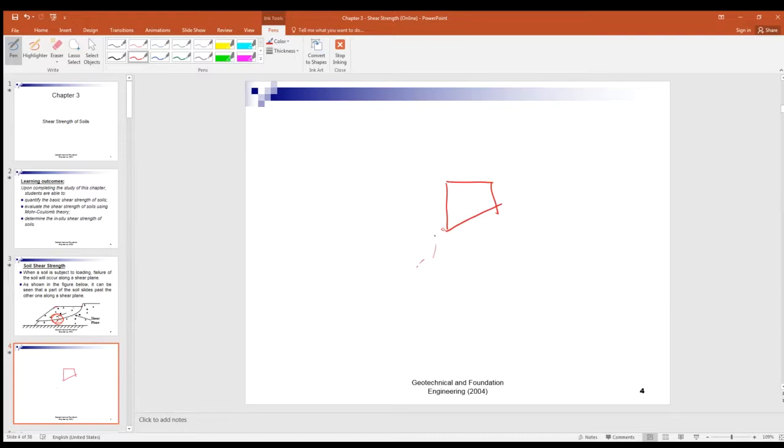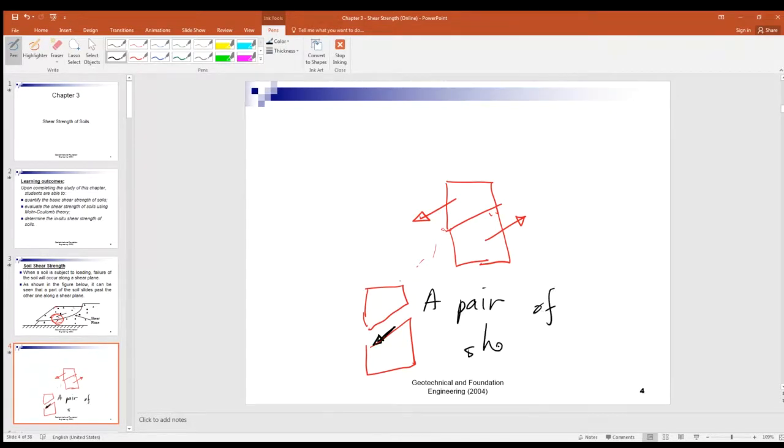If this is going down and this going up, you got a pair of shear stresses acting along the plane.